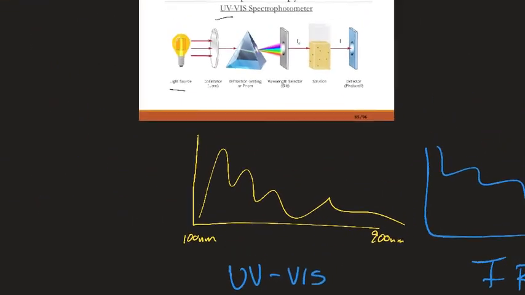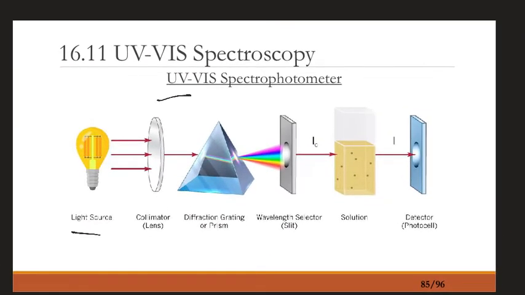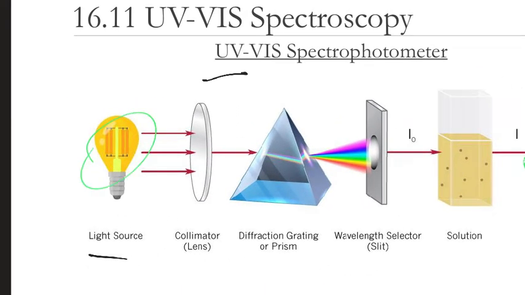And then UV vis is just absorption of electrons going from HOMO to LUMO, which is pretty interesting. But anyways, that light then passes through your solution, and if the solution absorbs any of it, then you're going to get a change here in the detector, ultimately from what you started with.